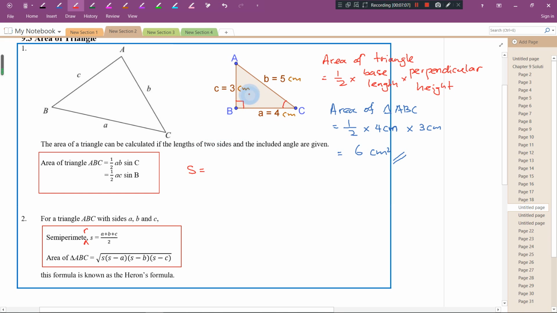For the perimeter, just find the sum of all the side lengths of this triangle, which is 3 plus 4 plus 5. If you don't want to write the units, it's okay. Then we divide by 2 because this is the semi-perimeter. So you will get 6.